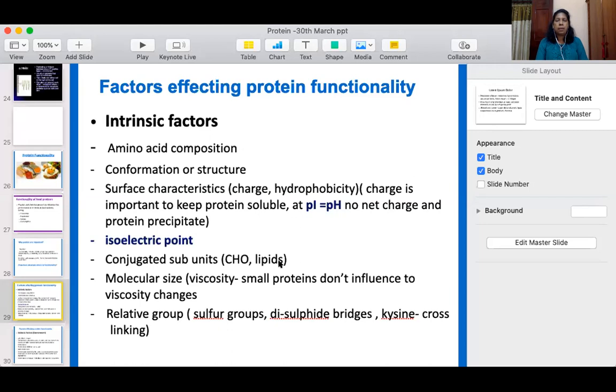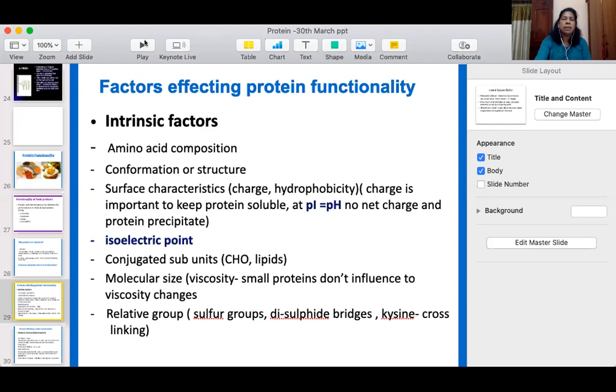Therefore, when I ask you to describe the intrinsic factors, you have to list the factors and explain them by giving examples, because these are the intrinsic factors, and that is why protein can show different functions, right?